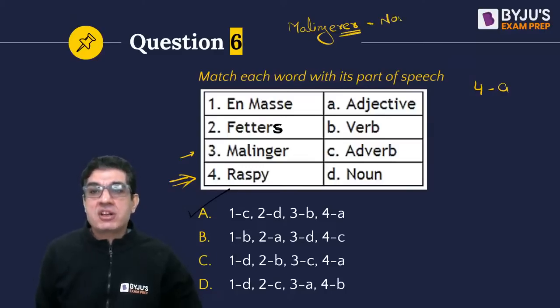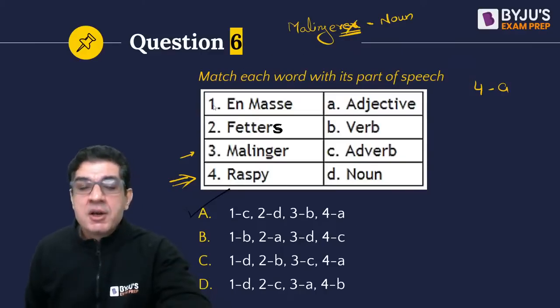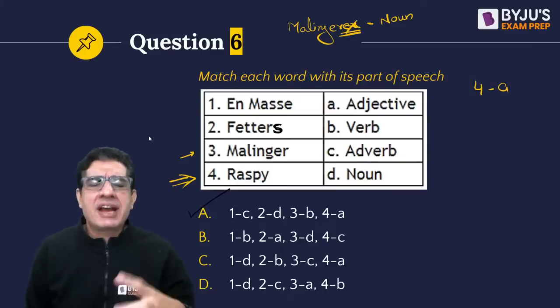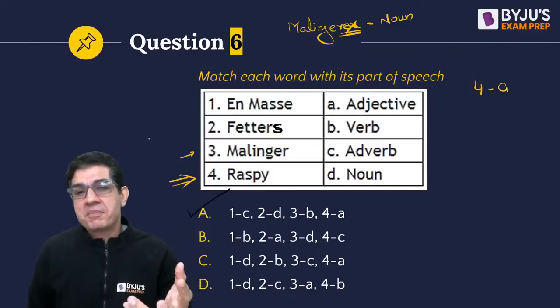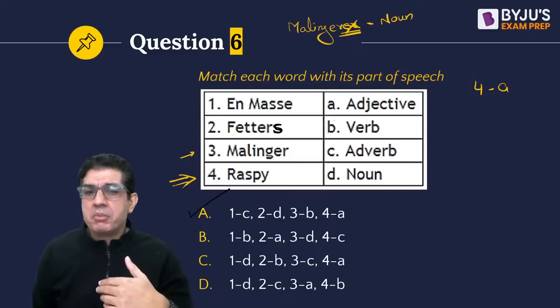So malingerer is a noun. If you remove this "er" and say malinger, it basically means to pretend to be ill in order to avoid work. So that makes it a verb, right? So three will be a verb.